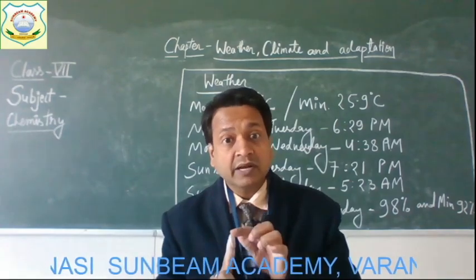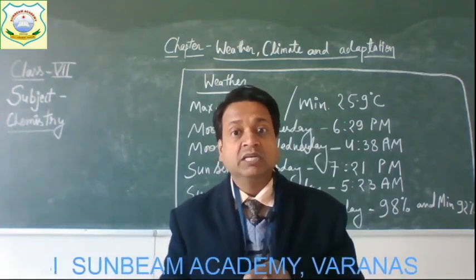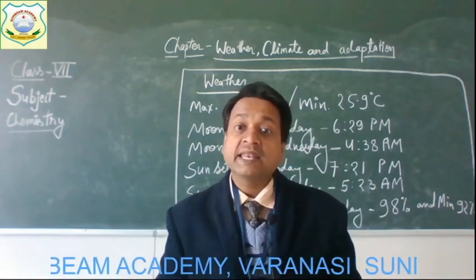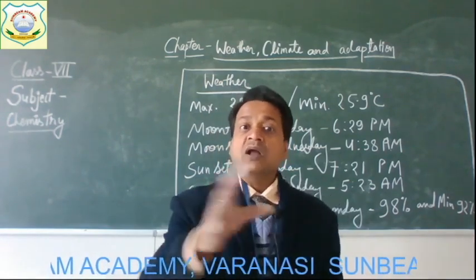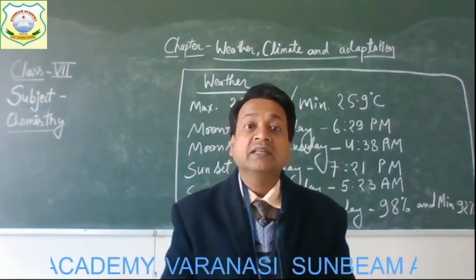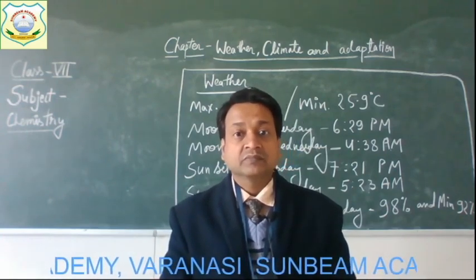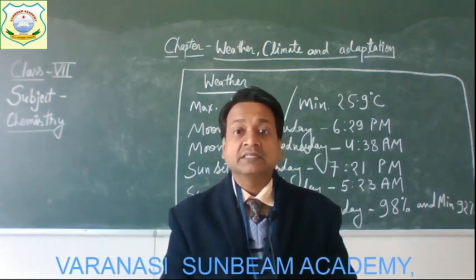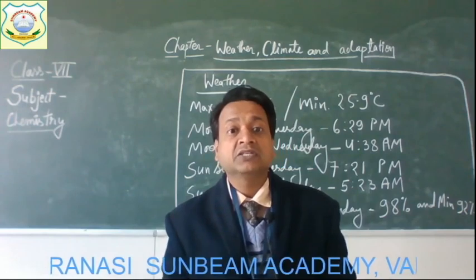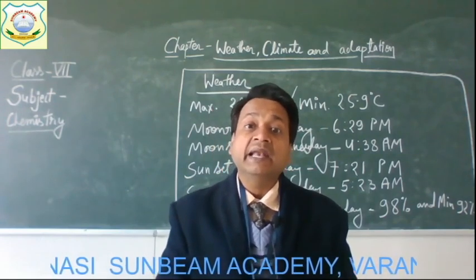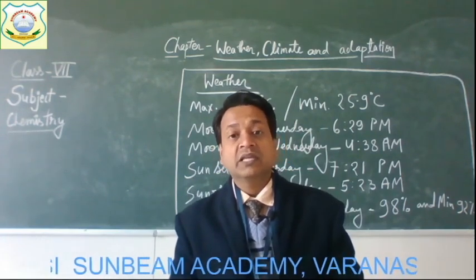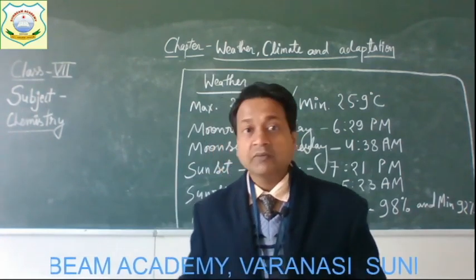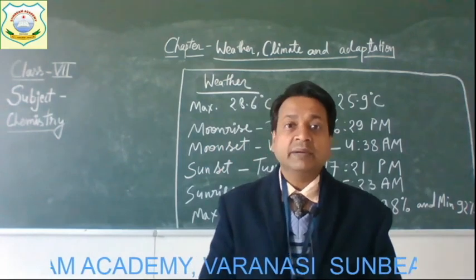The first is temperature, the second is humidity, the third is rainfall, and the fourth is speed and direction of wind. These factors together decide the weather of a place. Understood? These factors are also called the elements of weather. One by one we will discuss the different elements of weather.